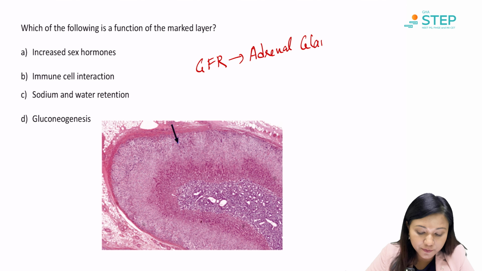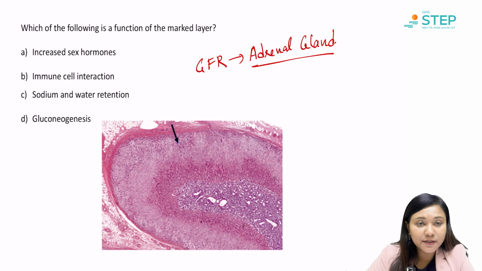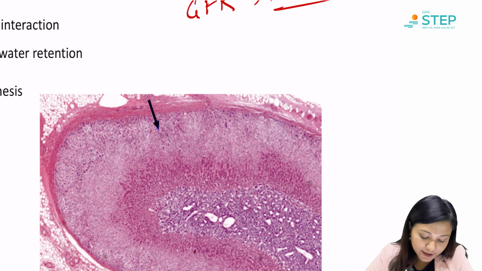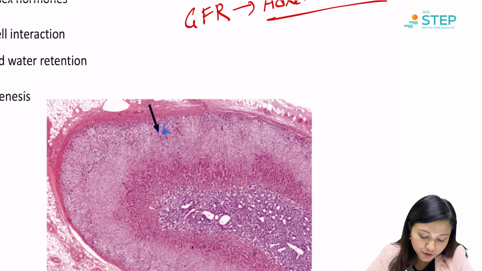Even if you don't get the slide, just looking at the options you can identify that it is a slide of the adrenal gland. And they have marked the zona glomerulosa.